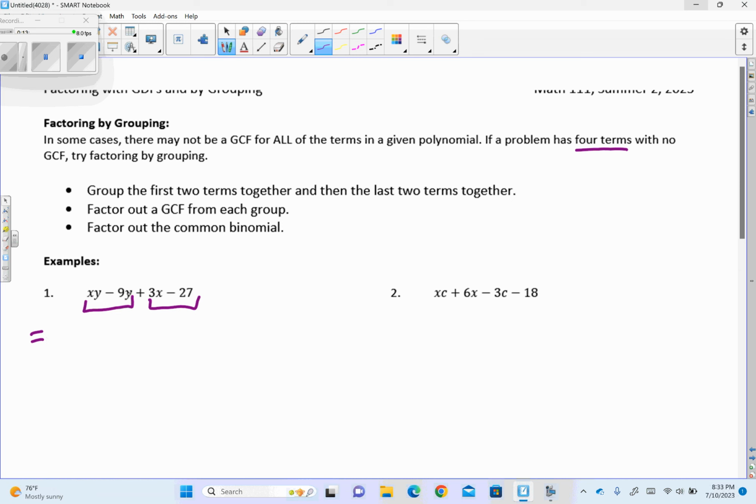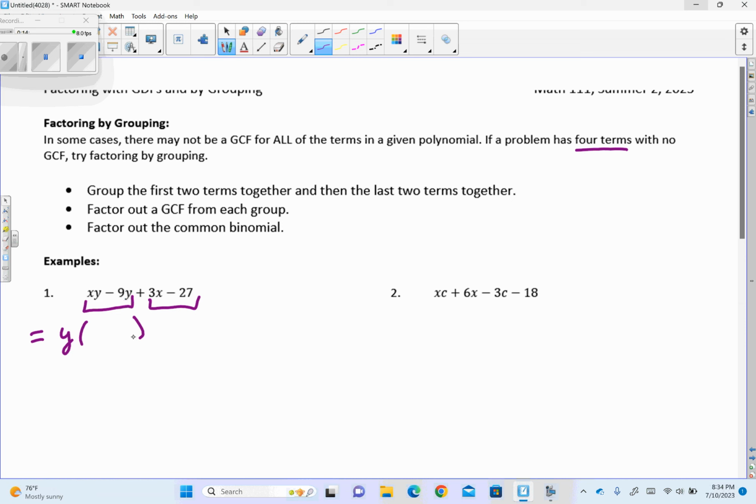So we don't look at the 3x minus 27 at all for this part. Just look at the first 2 terms and look to see what they have in common. So xy minus 9y, the only thing those have in common is a y to the first. So that's what I'm going to take out.